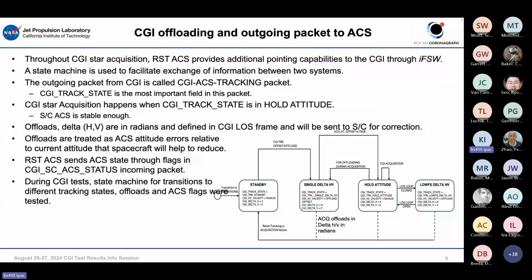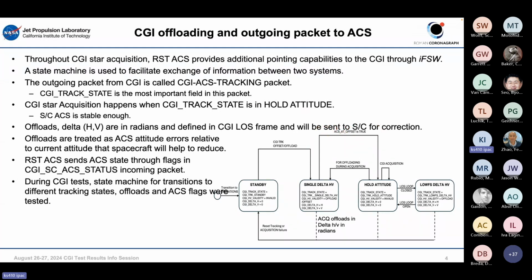Okay, so quickly, because this is coming: how do we talk to the Roman ACS? They would send us flags. The flags would be like the status of how the spacecraft is doing.